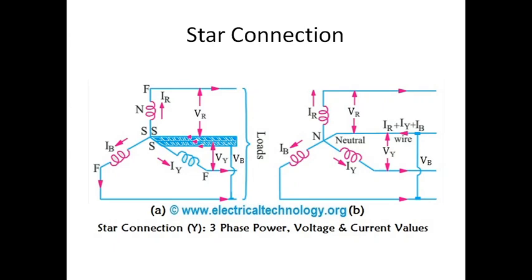The phase voltages are VR, VY, and VB. The current through a line is called line current, and it is specified as IR, IB or IY. Current flowing in any phase winding is called phase current. Any winding my current goes through, that is my phase current, right?